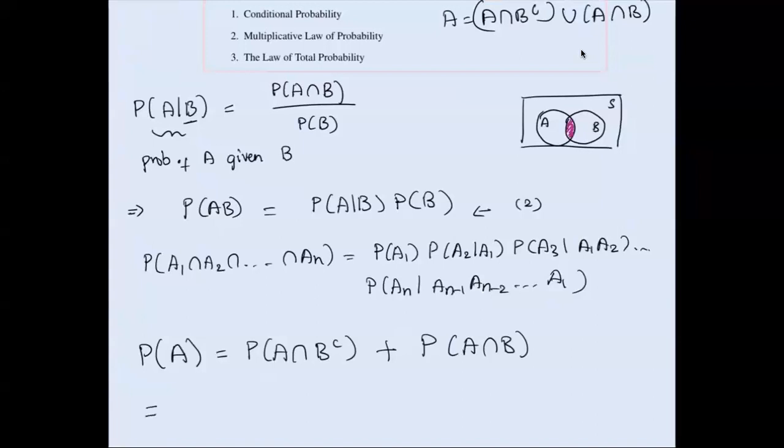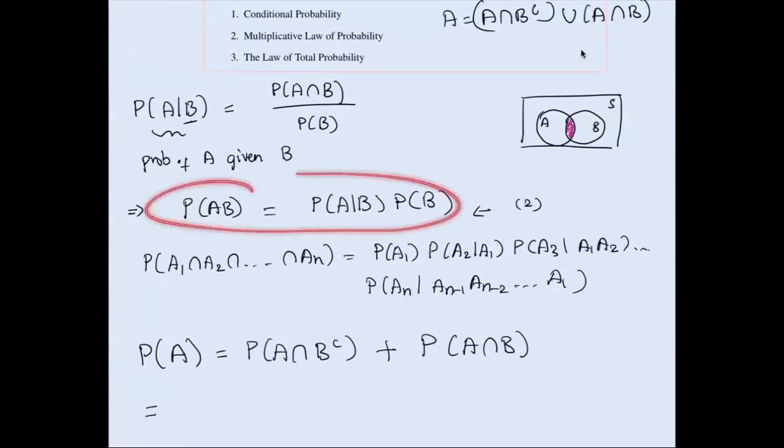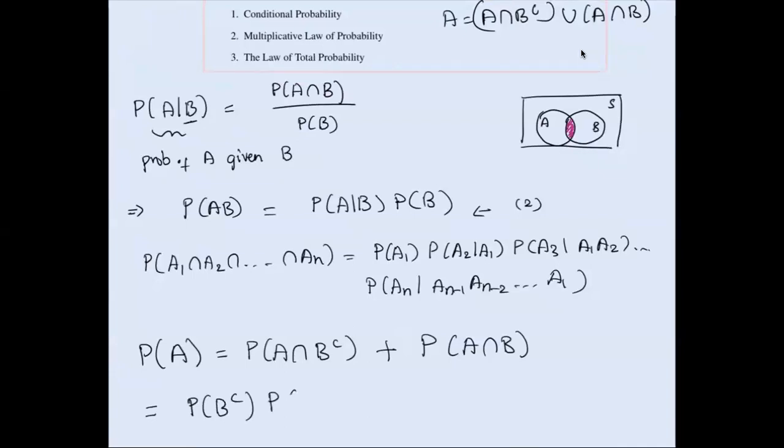And from here, we can use the multiplicative law. Probability of A intersect with B complement can be thought of as probability of B complement multiplied with probability of A given B complement. So here, A acts as A and B here is B complement.